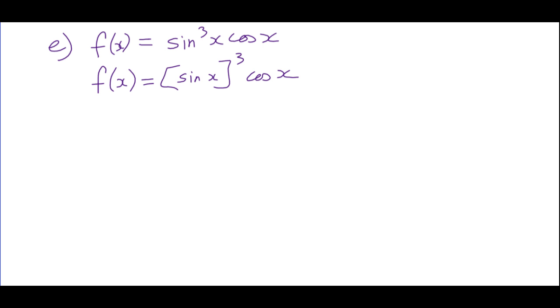All right, so what's going to happen here? Well, we're going to have to do what with that 3? Yeah. What do we do with the 3? Make it a 4. Then what do we do?